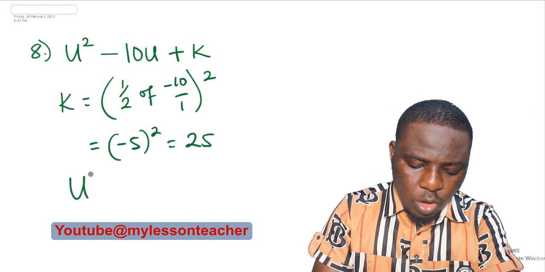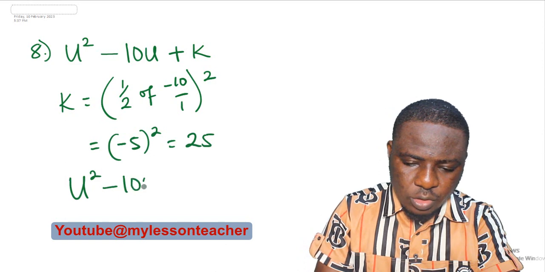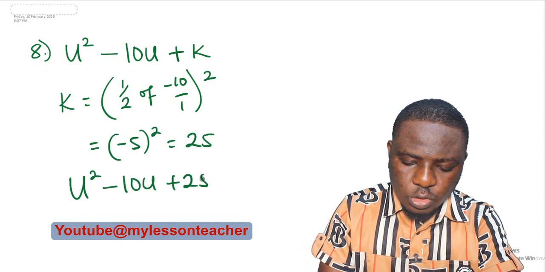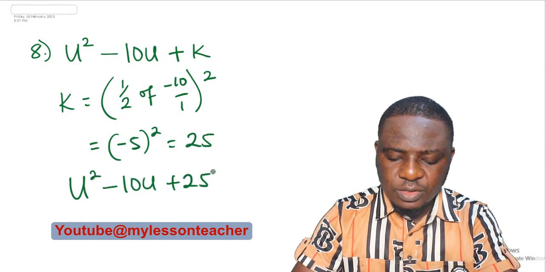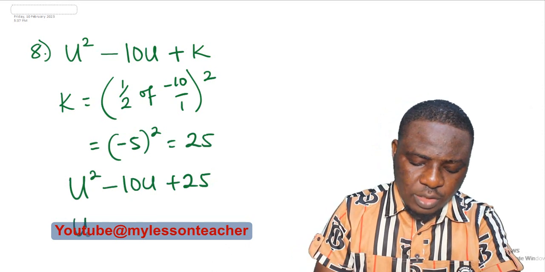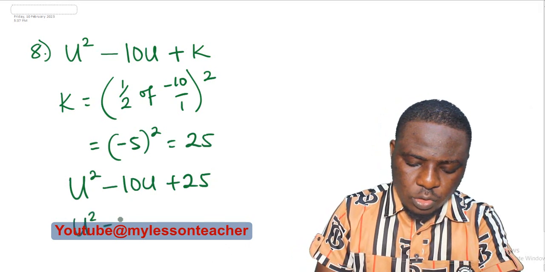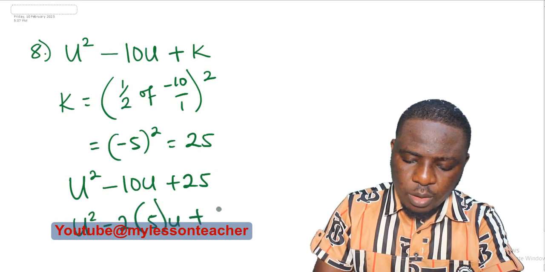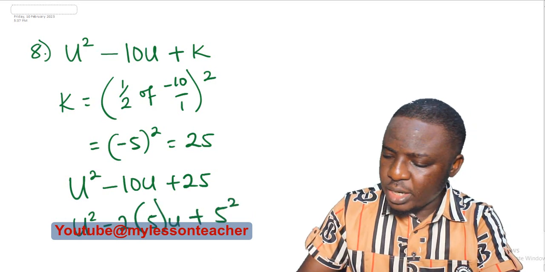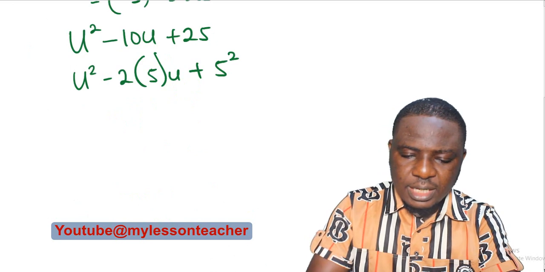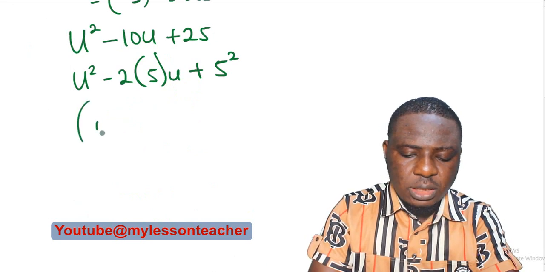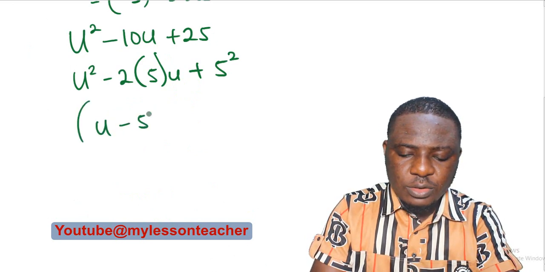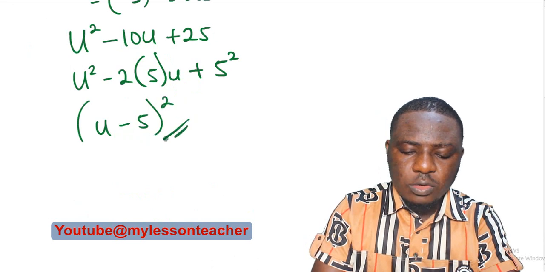That means the equation becomes u squared minus 10u plus 25 makes it a perfect square. And this can be simplified to be u squared minus 2 into 5u plus 5 squared. And this can be factorized as u minus 5 all squared.